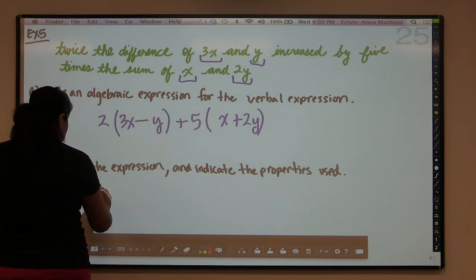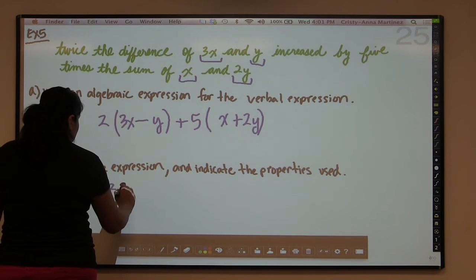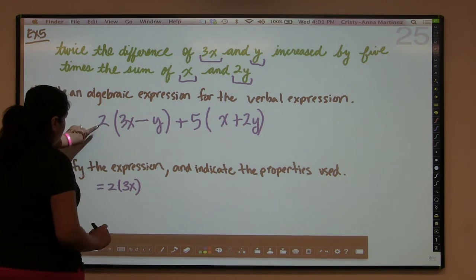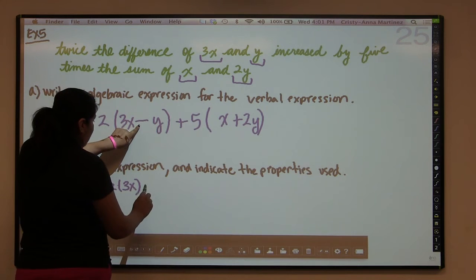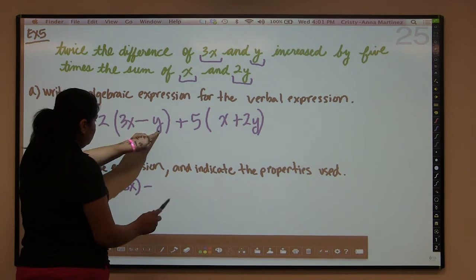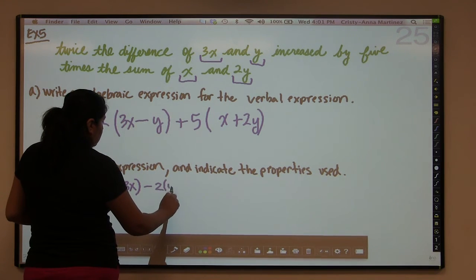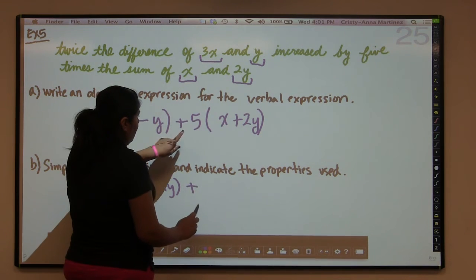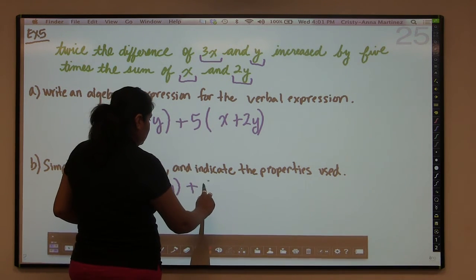We're going to say that that's going to equal 2 times 3x. Okay, so we're going to go 2 times 3x, and there's a minus, and we're also going to go 2 times y. And then we have a plus over here, and then we're going to go 5 times x.